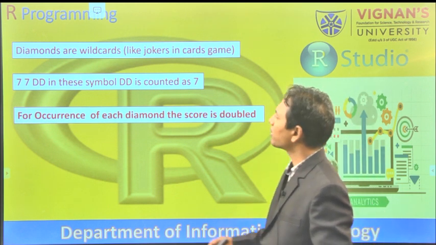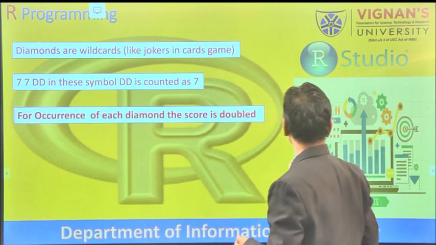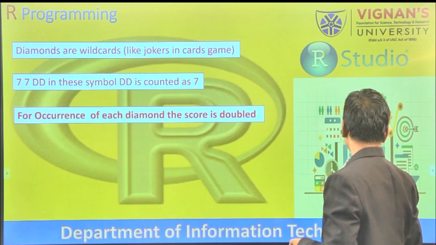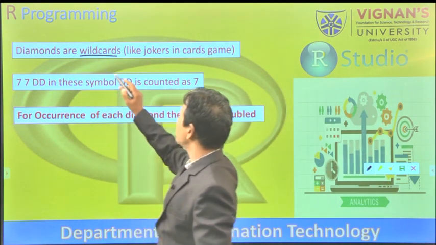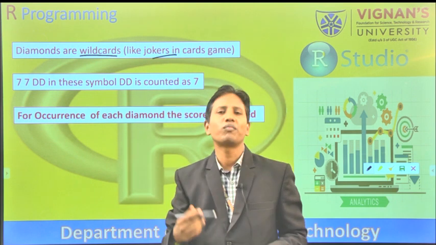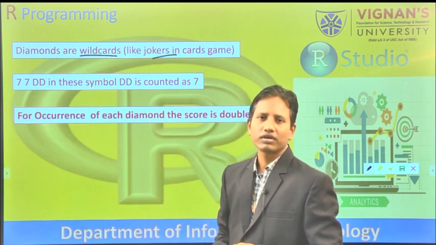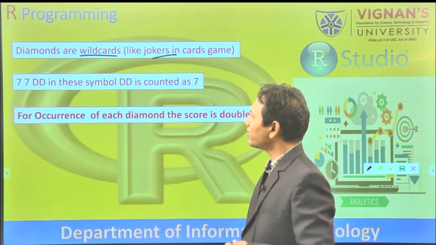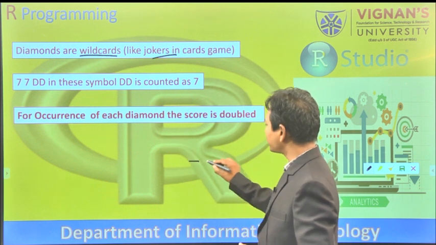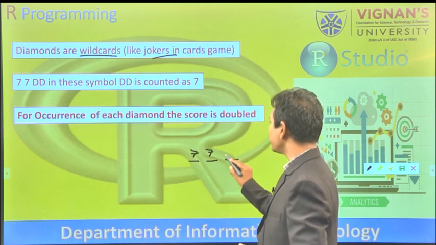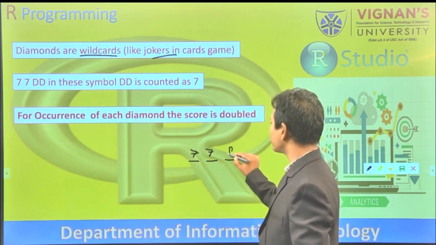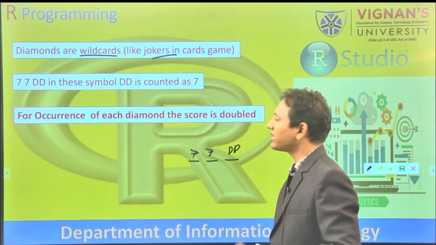That point is diamonds or wild cards. This is an interesting point to remember. Wild cards are like jokers in our playing cards. See the example: if you get 7 in 2 places, and in this place you got DD, the diamond symbol.